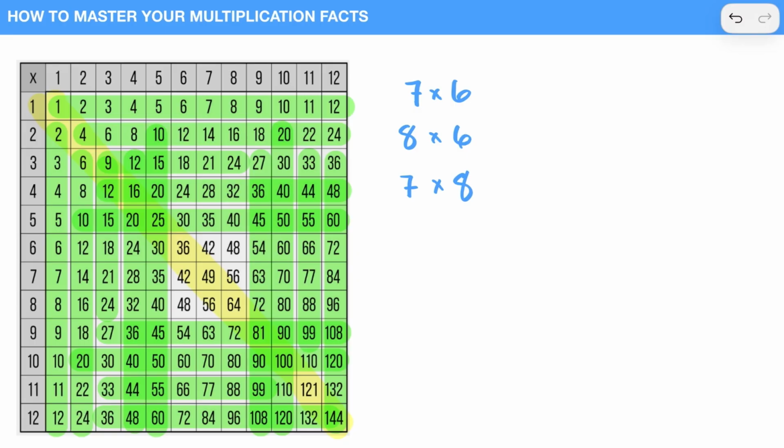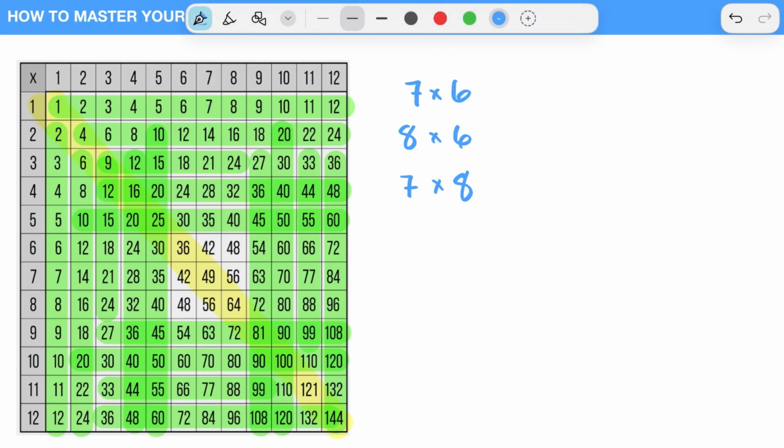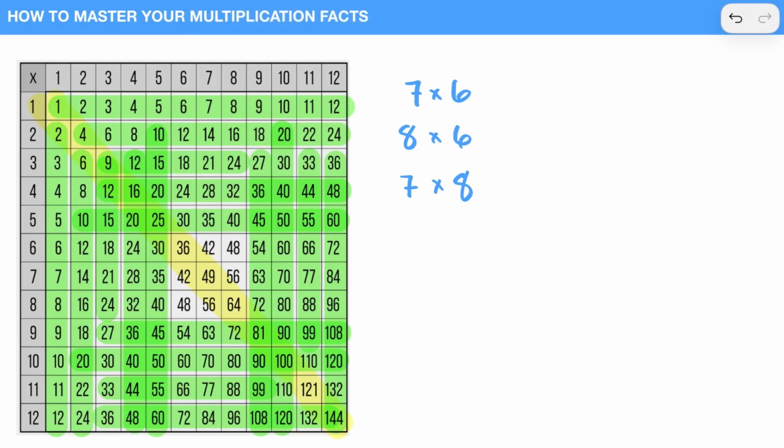That being said, if it helps, if you consider the 8s, you're really just doubling 3 times. So for example, 8 times 6 is 6 times 2 times 2 times 2. So 6 times 2, that's 12. Times 2 again, that's 24.